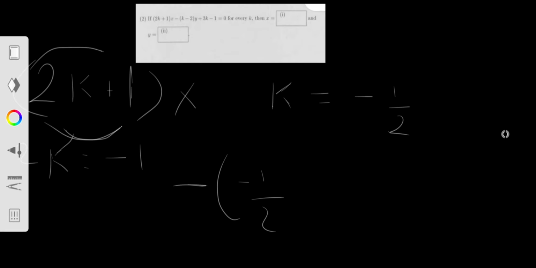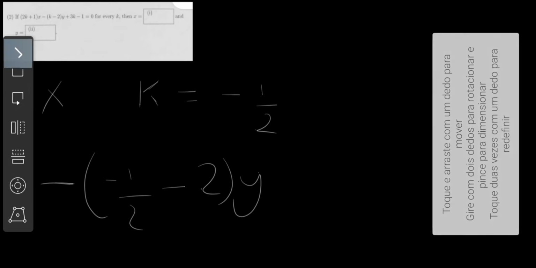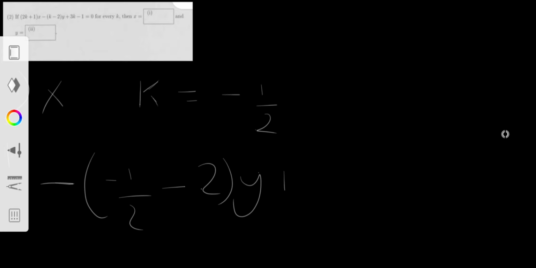Minus, and k is minus 1/2, minus 2 epsilon, minus 2 epsilon plus 3 times minus 1/2, minus 1. Solving this, now you have only one variable, and you will find that epsilon is equal to 1. Just solving this.